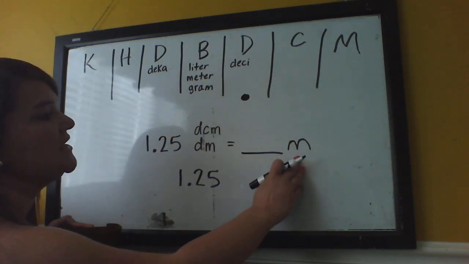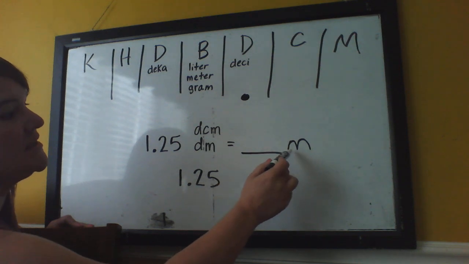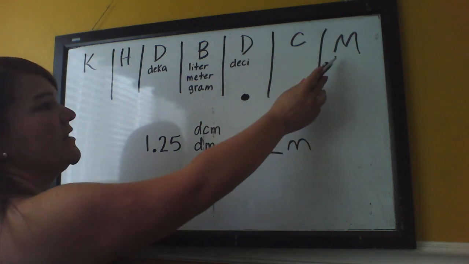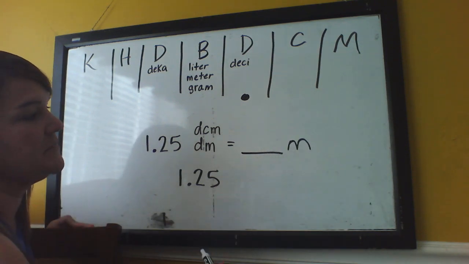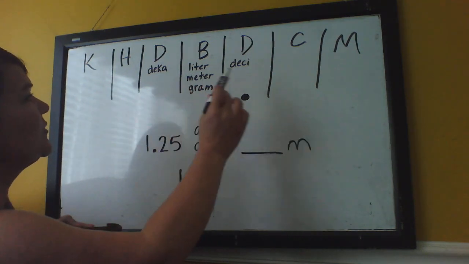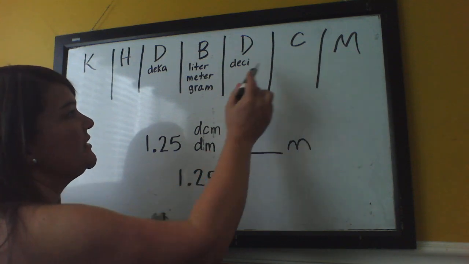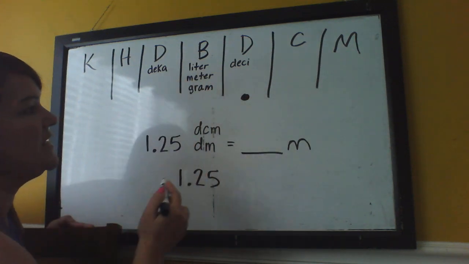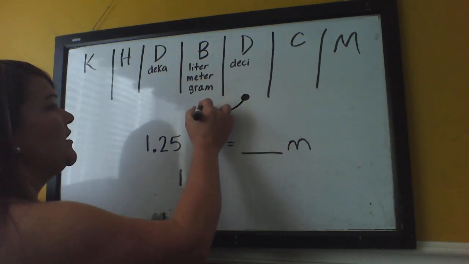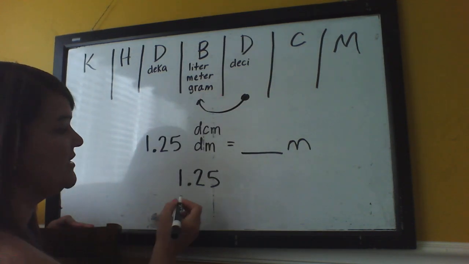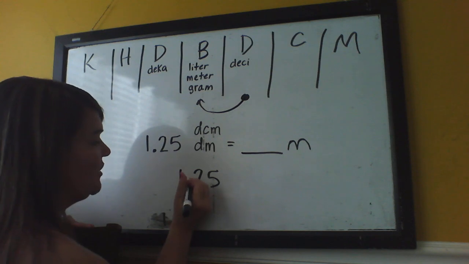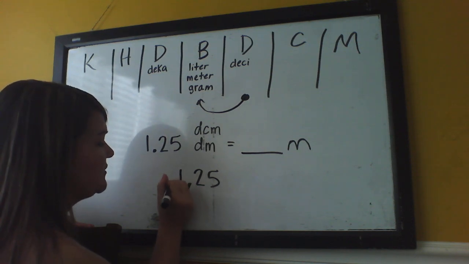I'm moving to meters. Now be careful, because this stands for meters. It does not stand for milli. Okay, so don't get confused with that. This stands for meters. So ask myself, where is meters? Well, meters is not milli. Meters is actually right here at the base. So I only have to go 1 place to the left this time. So you take your decimal and you move it 1 place to the left.